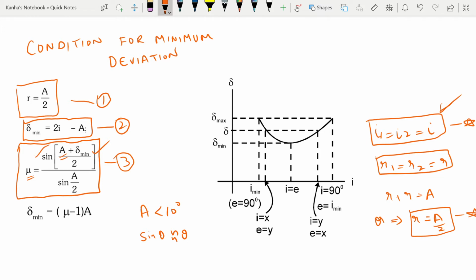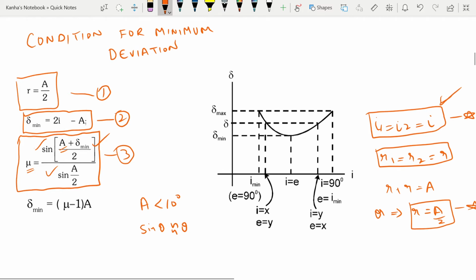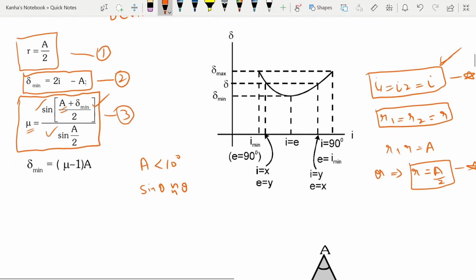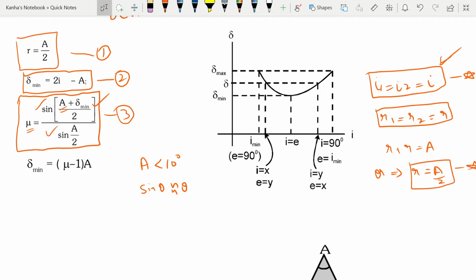So you can easily substitute theta for these two, and if you do that, you get (A plus delta minimum) divided by A, which is nothing but A plus delta minimum equal to mu times A. So I can write delta minimum is equal to (mu minus 1) into A. This is an extremely important relation. It will come in handy in the questions, and it's easier to remember as well. So delta minimum is equal to (mu minus 1) times the angle of prism.